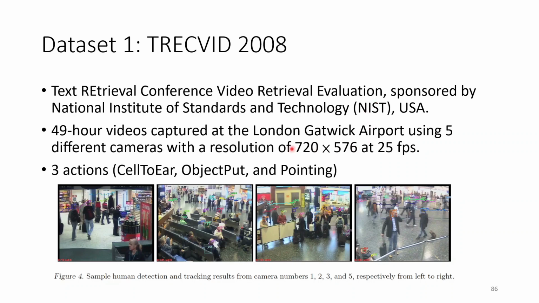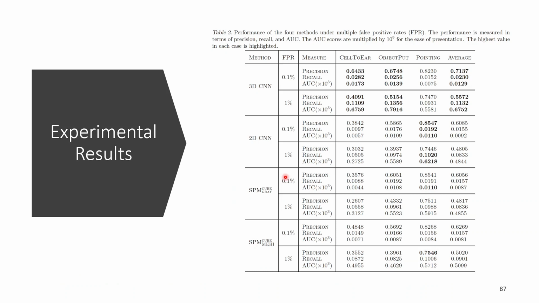Right. So let's see the property of the data set. There are 45-hour videos captured in an airport, using 5 different cameras with the resolution of this. Okay. So they show their results, using the 3D convolutional method on the data set.